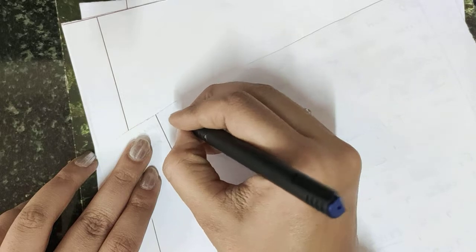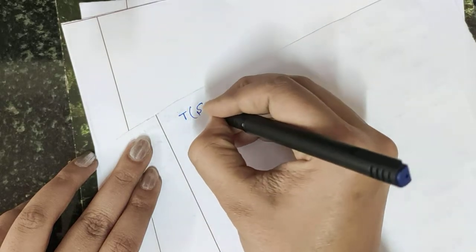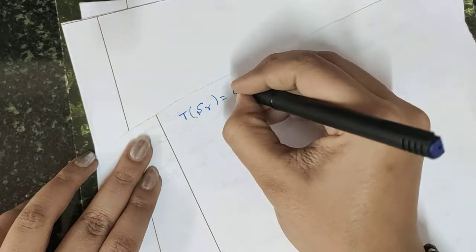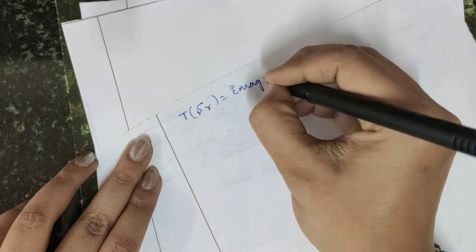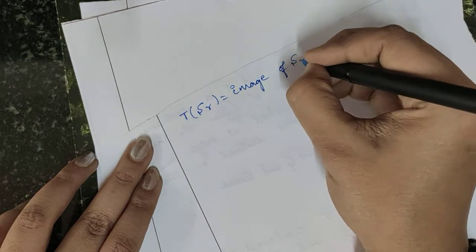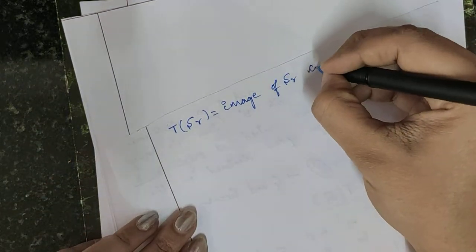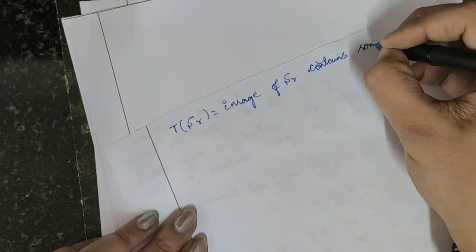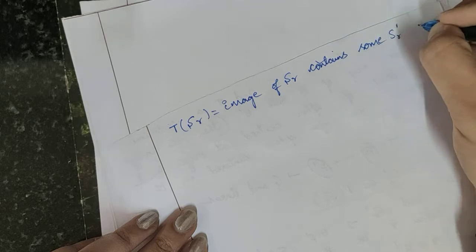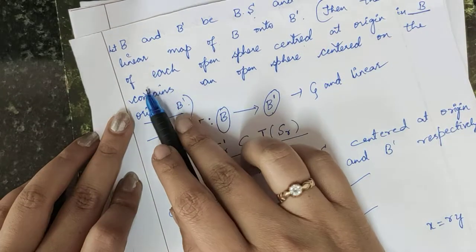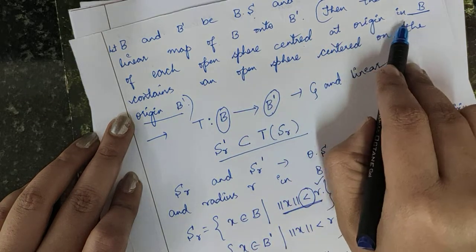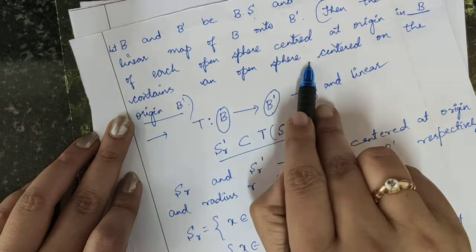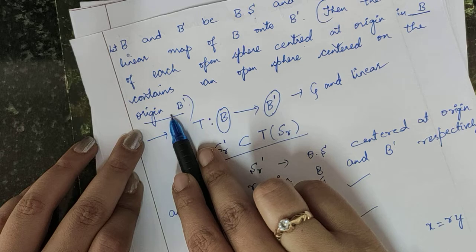So what is our aim? Our aim is we have to prove that T of SR, this is the image of SR, contains some SR prime. This is what I have to prove, right? In the statement they have given that the image of each open sphere centered at origin in B contains an open sphere centered on the origin of B prime.